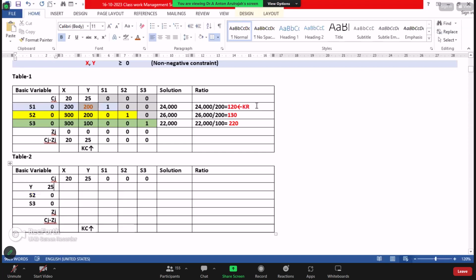Because the key column and key row intersecting is this 200. Straight away above it is a Y, right? Y is coming as the entering variable. In the new table, the leaving variable is S10, and Y25 is becoming the entering variable.